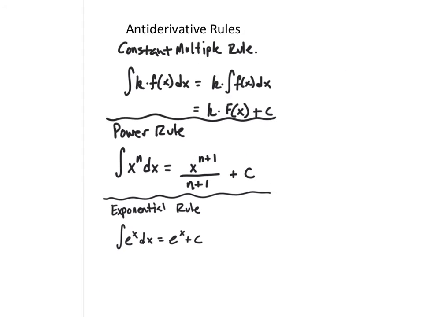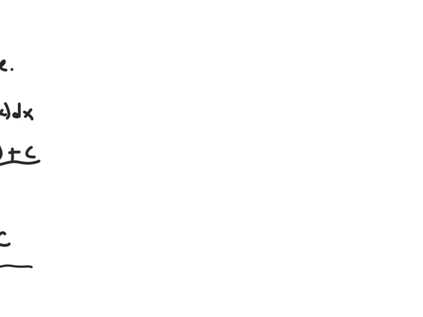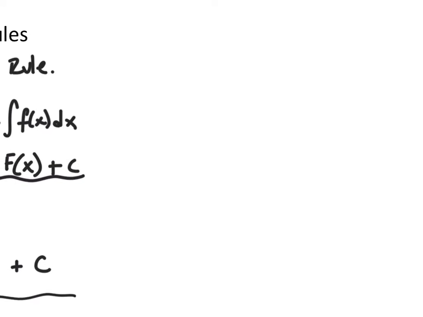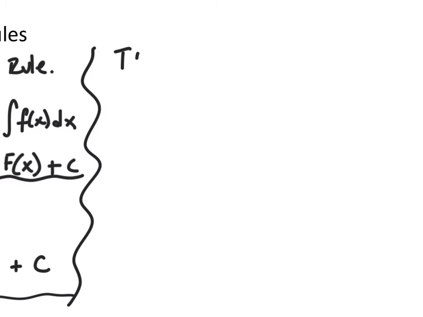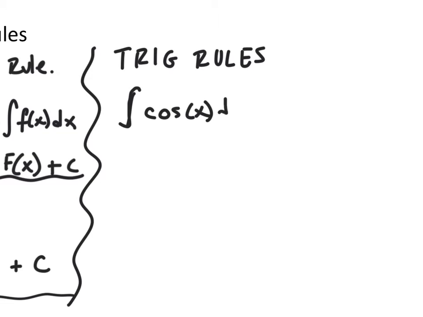I do want to talk about the trig rules for antiderivatives. So I'm going to write the trig rules. If we take the antiderivative of cosine of x dx, then that's going to give us sine of x plus c.